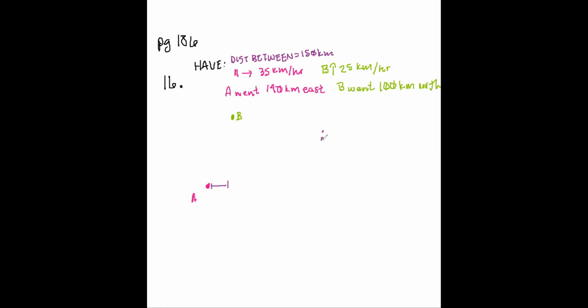We had A over here and then B over here, and they were 150 kilometers apart. And then A started going this direction and B started going this direction. So A went 140 kilometers east. So now the difference between them, horizontally, is just 10 kilometers. But B is 100 kilometers more north.